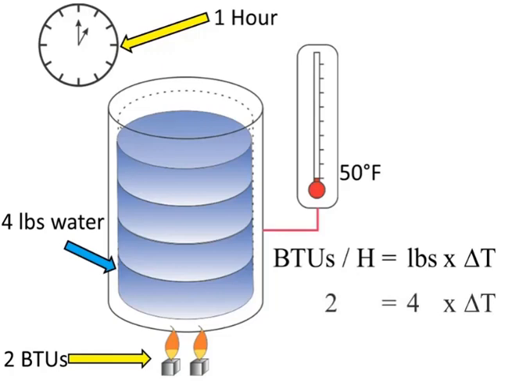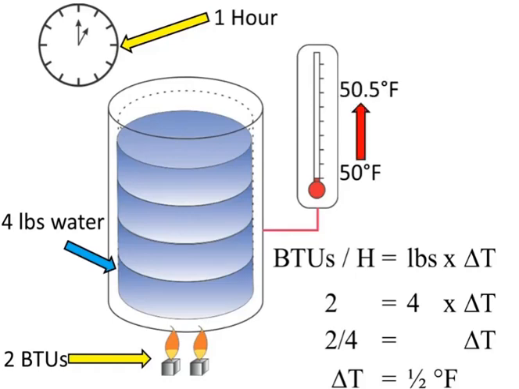Substitute the numbers in the formula. 2 BTUs per hour equal 4 pounds of water multiplied by delta T. Dividing both sides of the formula by 4, delta T is equal to 2 over 4, or half a degree Fahrenheit, and the water temperature will increase from 50 to 50.5 degrees Fahrenheit.